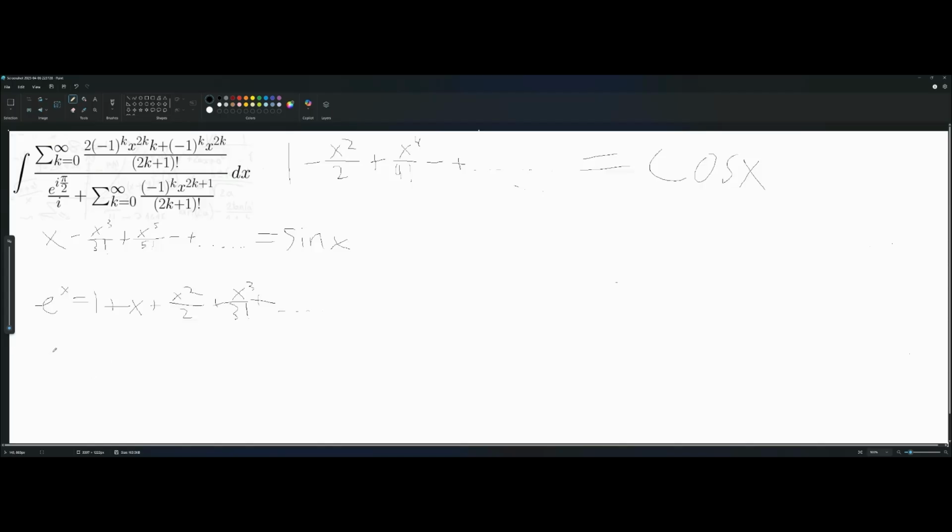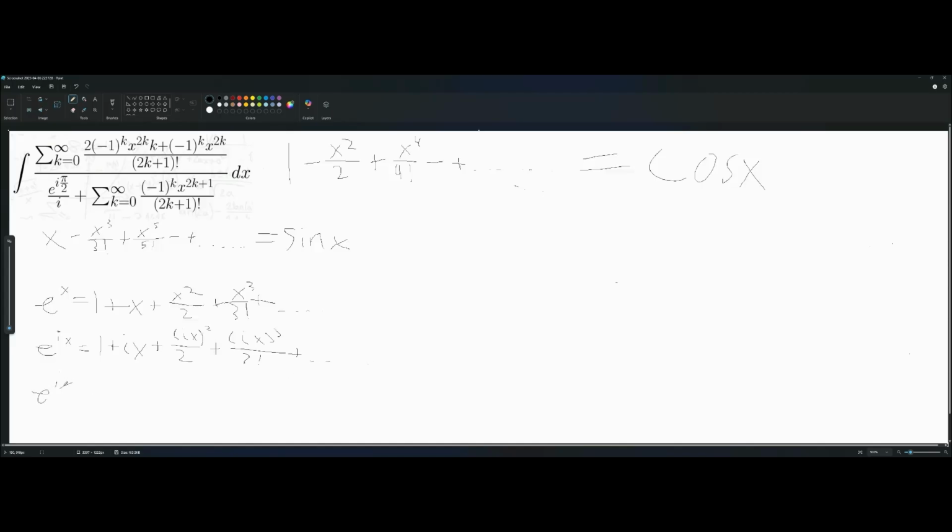What if we try plugging in e to the ix, where i is the imaginary unit? We get 1 plus ix plus ix squared over 2 plus ix to the third over 3 factorial, plus on and on and on.